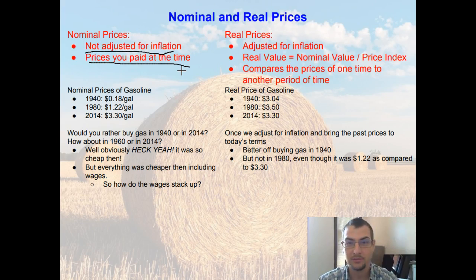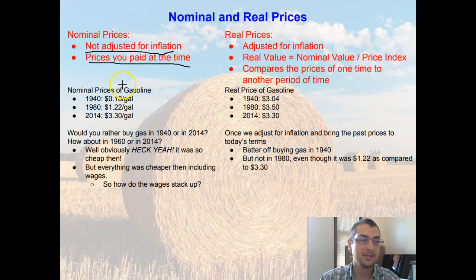You compare it to now and say the price of gasoline is $3. That's the nominal price. Whenever we talk about something like milk prices and we say, well, the price today is $1.98, but back in the 1970s, it might have been $1.05, those are nominal prices. They're prices that have not been adjusted for inflation, and that's what you paid at the time.